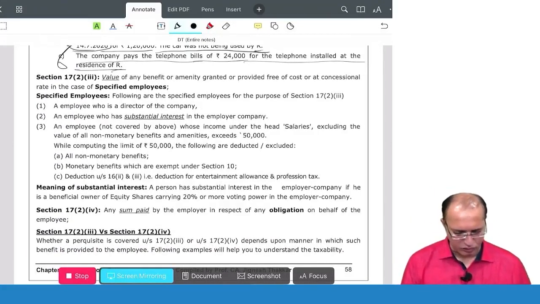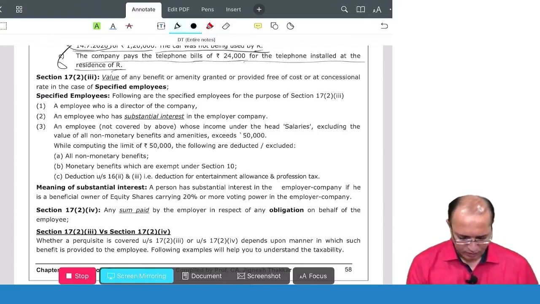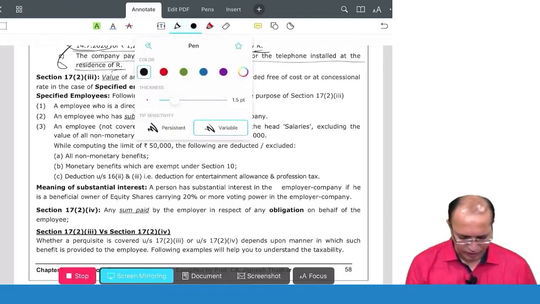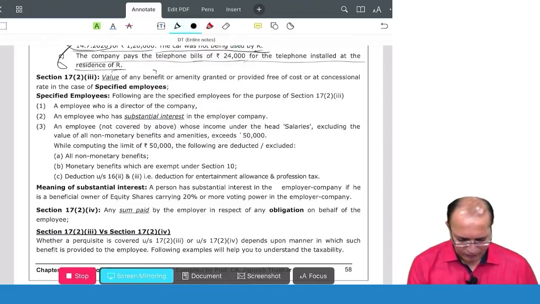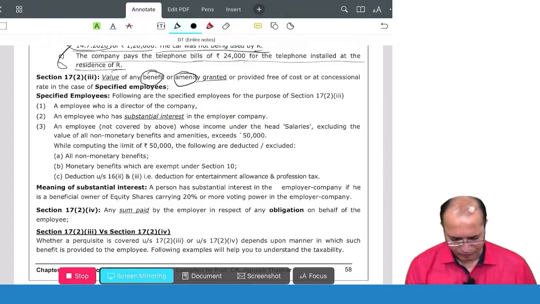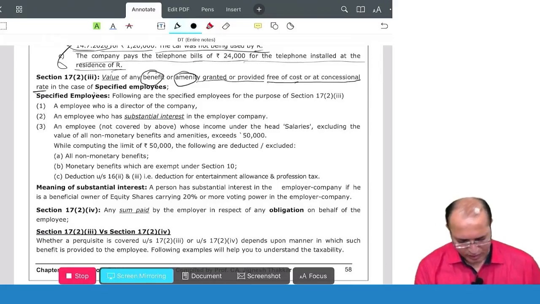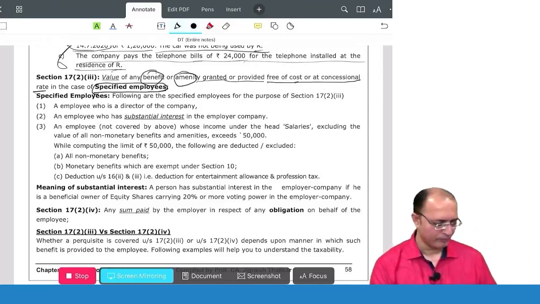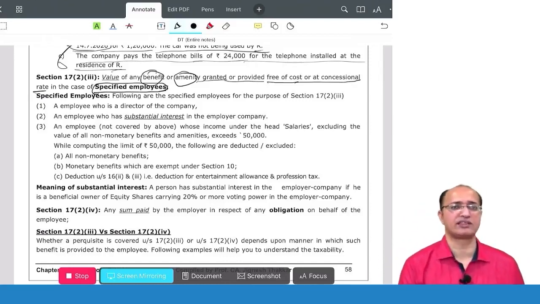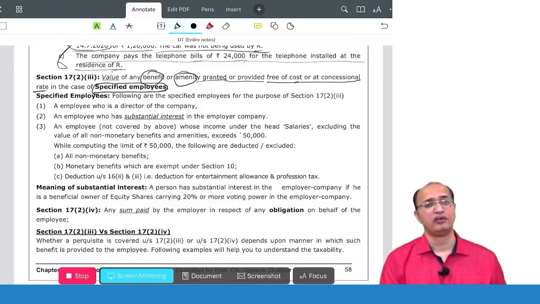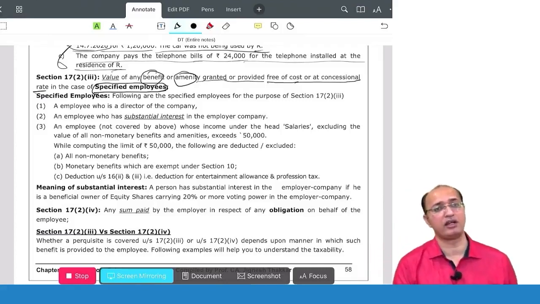See, 17(2)(iii) says what? Value of any benefit or amenity granted or provided either free of cost or at concessional rate in case of a specified employee. So 17(2)(iii) is applicable only when the facility, benefit or amenity is provided to a specified employee.